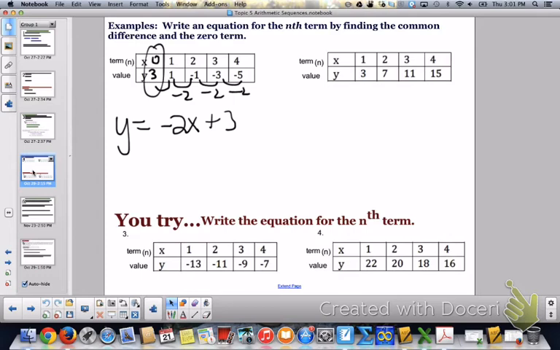For this one, 3, that gives me plus 4, plus 4, plus 4. So that's my common difference, or my slope. So y equals 4x. My y-intercept is when x equals 0. So if I go back, that would be negative 1, because negative 1 plus 4 will be 3, so 4x minus 1. Or you can write that as 4x plus negative 1, or 4x minus 1. Okay, so your turn. Do the you tries, and then pick up the video after that.